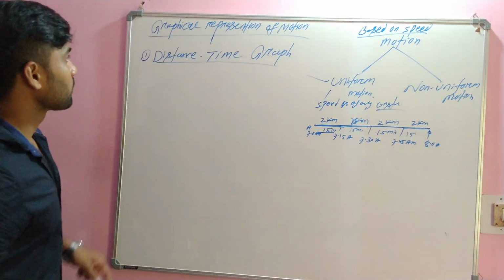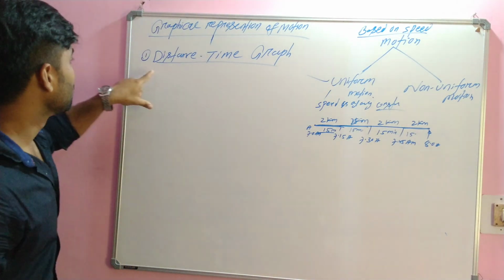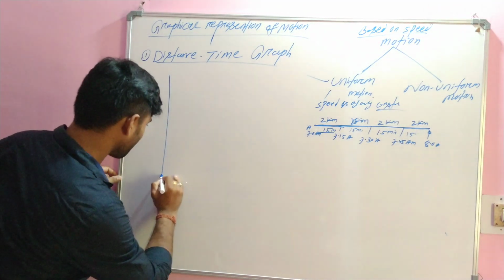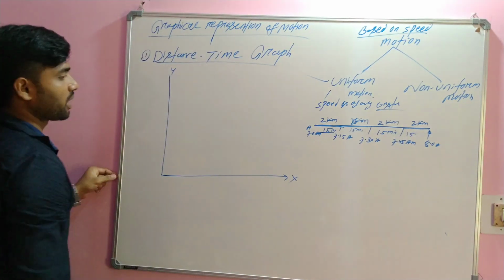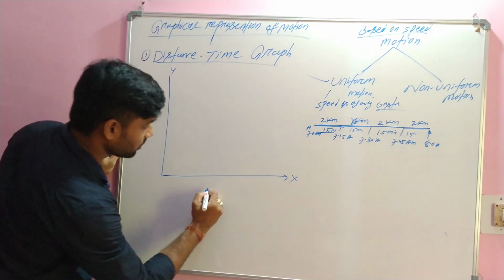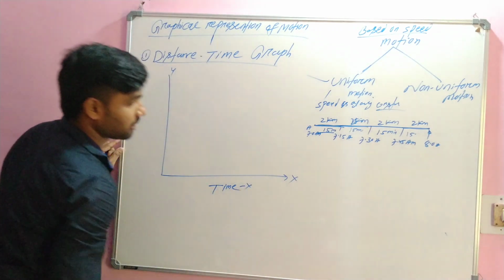So let's draw this uniform motion on a distance time graph. Here is the x-axis, this one is the y-axis. Time always goes on and is constant, so the x-axis is time.